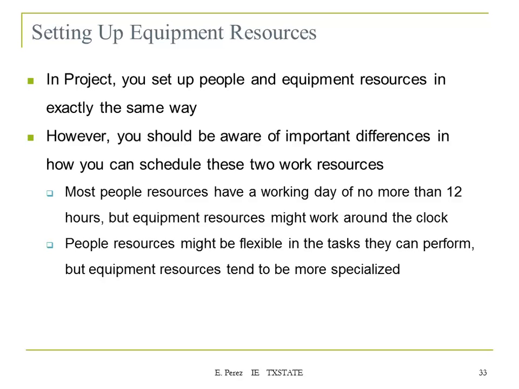Most people resources have a working day of no more than 12 hours, but equipment resources might work around the clock. So that's a difference, specifically if you are defining your working days on an 8-hour basis. Make sure that there's a difference between these two types of resources. People resources might be flexible in the tasks that they can perform, but equipment resources tend to be more specialized.